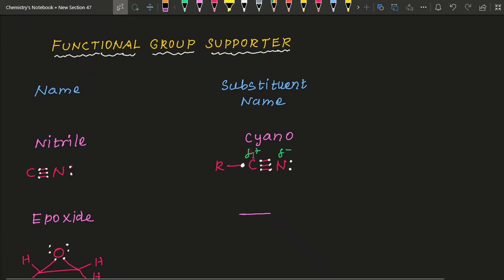Nitrile is called cyano. See here R is the rest of the molecule. Here nitrogen is the more electronegative element, so it pulls the electron from this carbon. So this carbon attains a partially positive charge and nitrogen attains a partially negative charge.